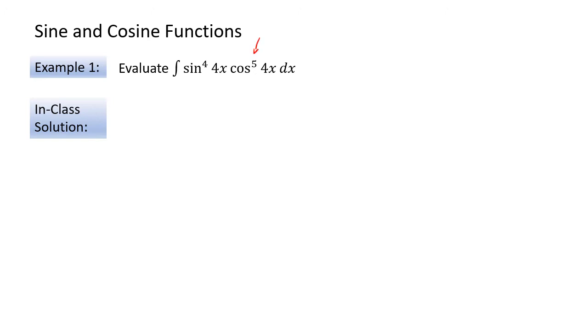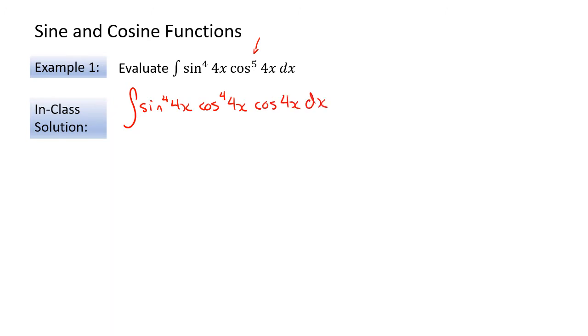In other words, rewrite it as two cosine functions. So if we do that, this becomes the integral of sine to the exponent 4 of 4x, cosine to the exponent 4 of 4x, multiplied by, remember, that same function, cosine of 4x.